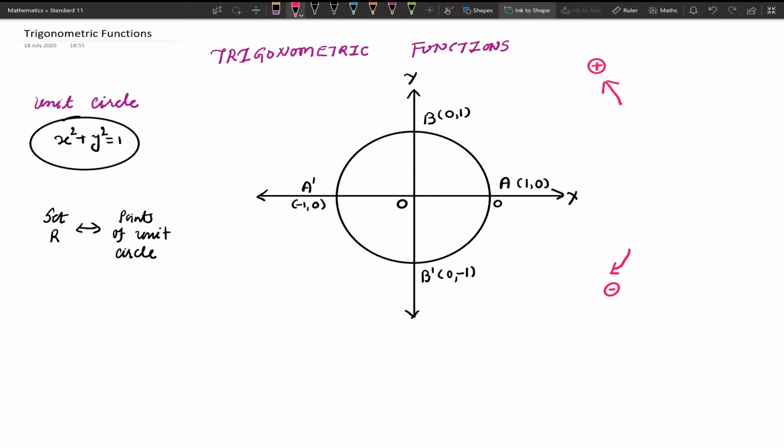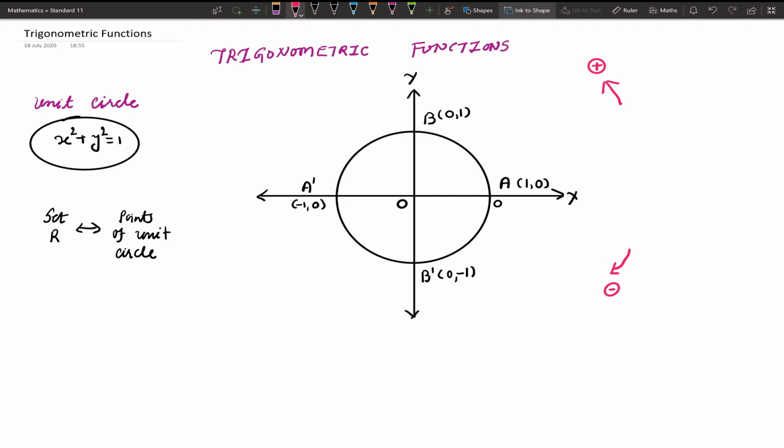Now we define two directions, one anti-clockwise and second clockwise. Anti-clockwise we will relate positive real number, while clockwise we will relate negative real number. Now start with 0.